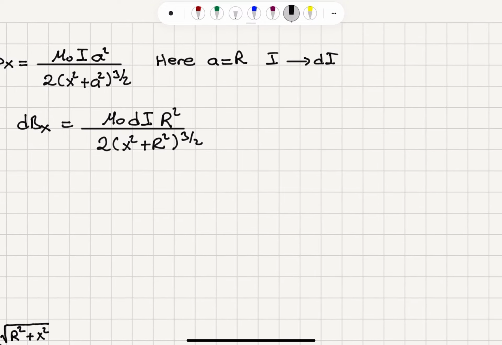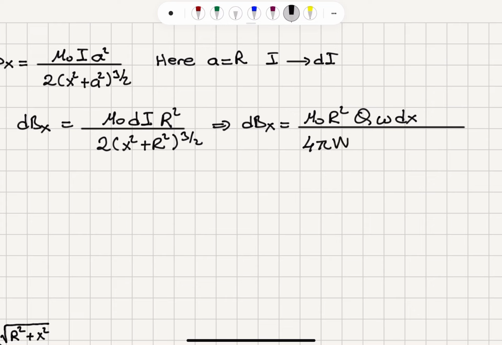And I know what dI is, so dBx becomes mu 0 capital R squared Q omega, angular speed, dx divided by 4 pi capital W, (x squared plus capital R squared) to the power 3 over 2.